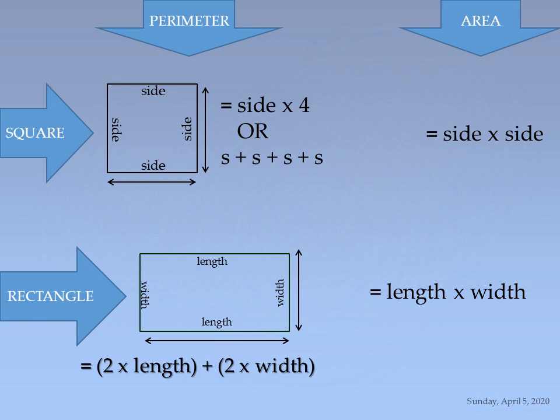Now, what about if it was not a square? If it was a shape like a regular pentagon, a pentagon that has got all equal sides. A pentagon has 5 sides, right?